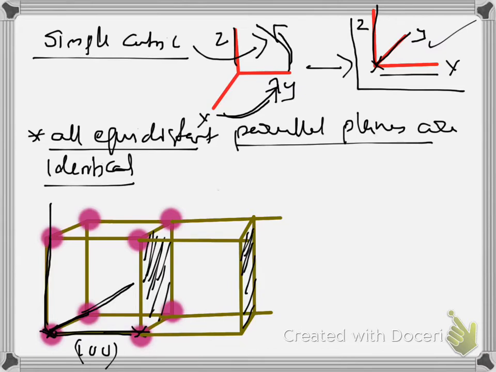From here it is at a distance of 2a. This is 1a and this is 1a, 2a. Then we can write it as 2a, infinity b and infinity c, and while taking the reciprocal, it becomes 1 by 2, 1 by infinity, 1 by infinity. By clearing the fraction, it becomes 1 0 0 again. So this is also a 1 0 0 plane. The only thing you have to remember is that all equidistant parallel planes are identical.